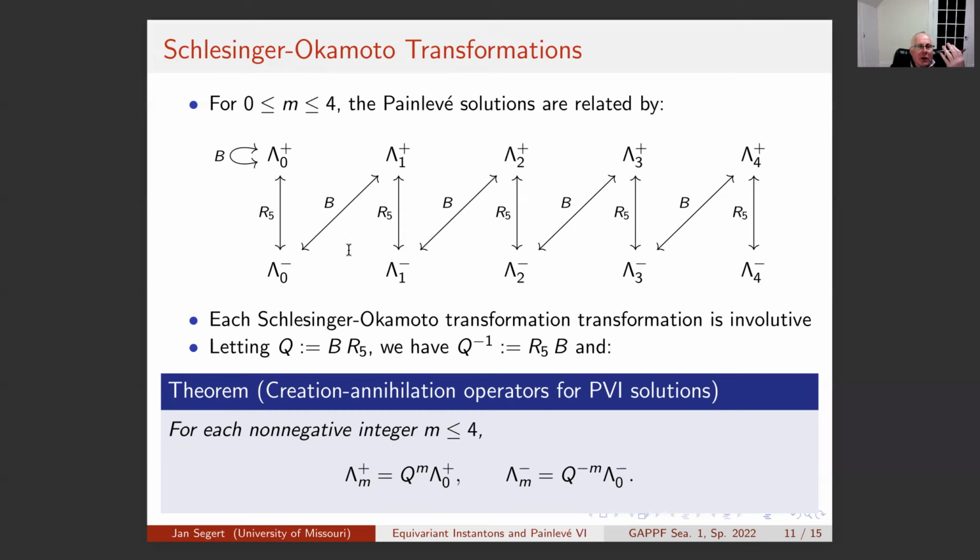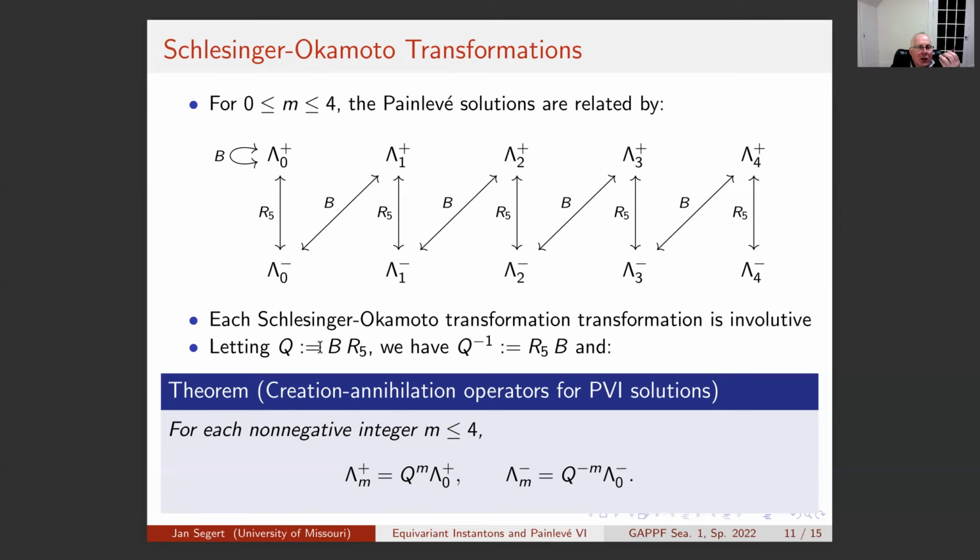We'll talk a little bit about what these are, what they look like and how they act. But looking at this diagram, it summarizes the main computational part of the paper, that we've identified specific Schlesinger-Bäcklund transformations which map the specific solutions this way. They relate the solutions this way. Right?